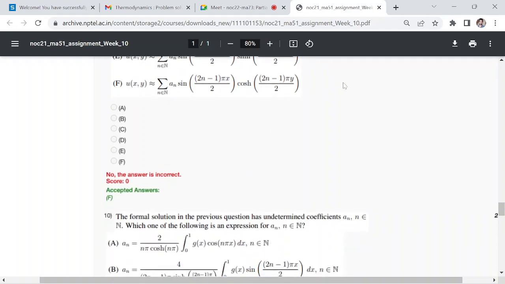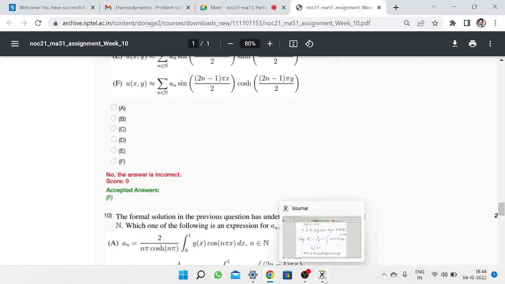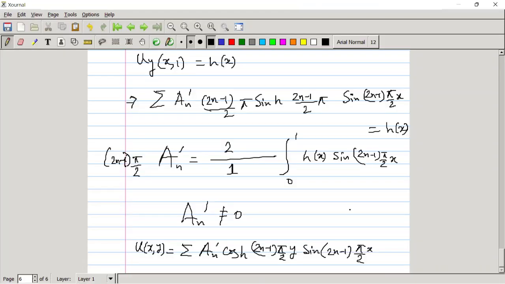Okay, so the answer is F, summation n equal to 1 to infinity. The answer is F, capital F. Okay, is it clear for you, or do you understand?